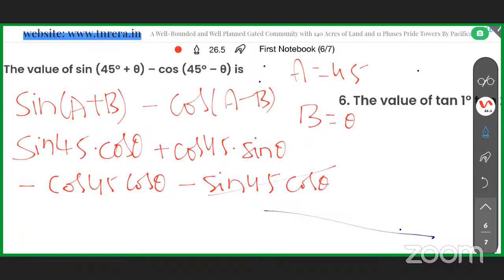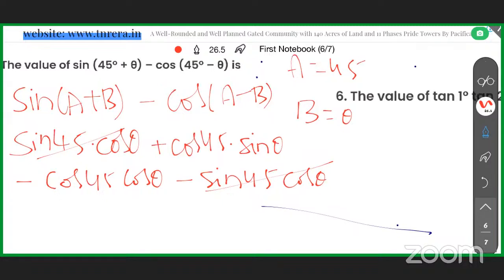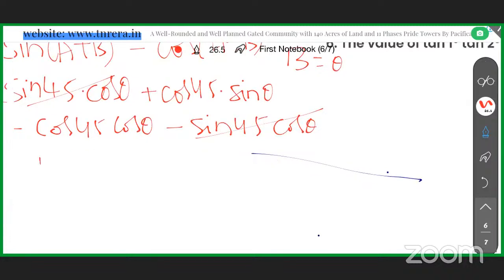See, this one and this one is getting cancelled. So what we are left with is cos 45 into sin theta. What is the value of cos 45? 1 by root 2 into sin theta minus cos 45 is 1 by root 2 into cos theta.